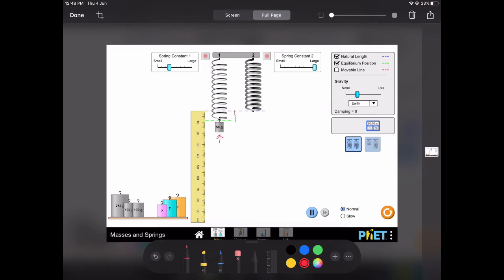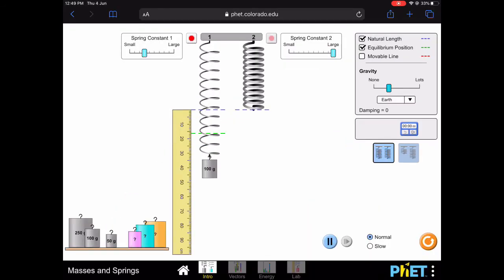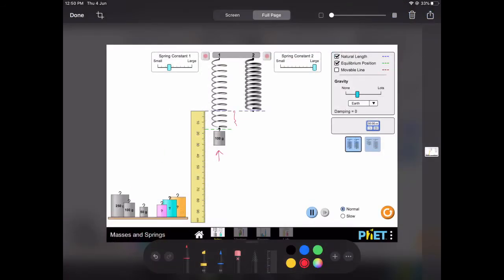For a 50-gram mass, we have an extension of only 8 centimeters. For a 100-gram mass, we have an extension of 16 centimeters.